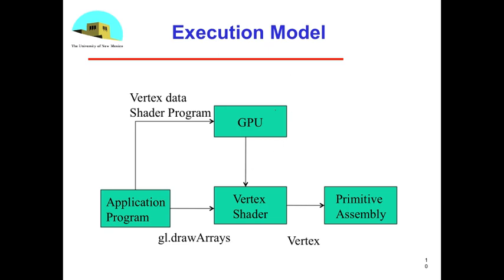Okay, well, here's the execution model. The application program really has a couple of jobs. One is to send data to the GPU. The shader program has to be loaded in a separate step, and then as another separate step, we send the vertex data over to it.